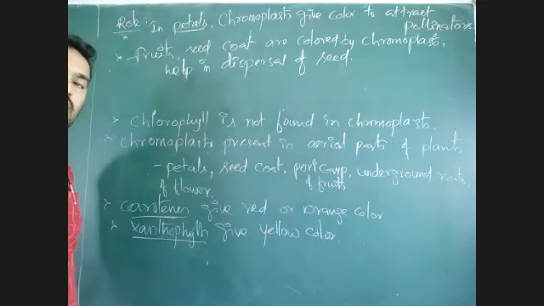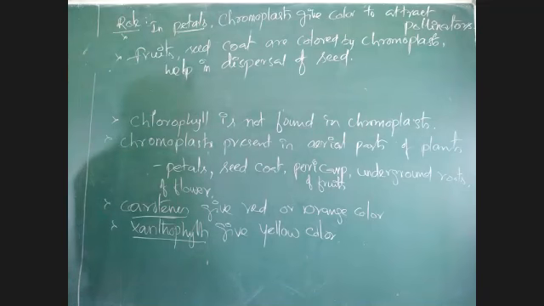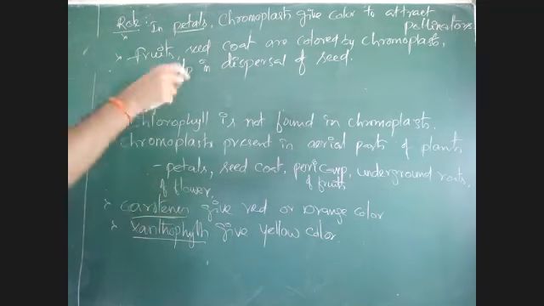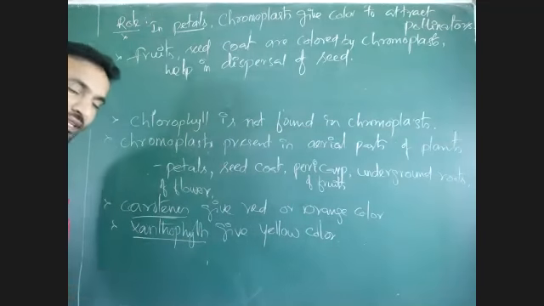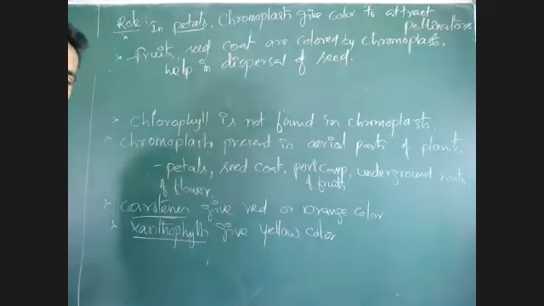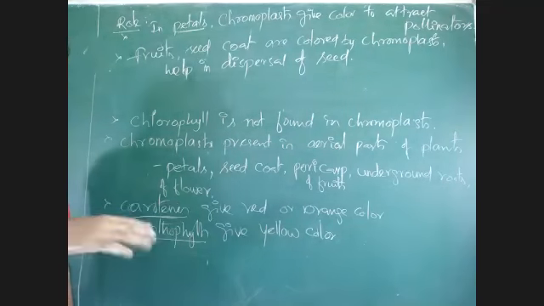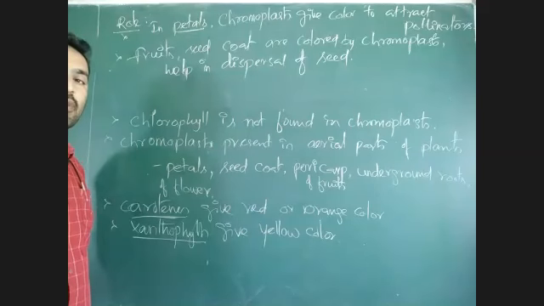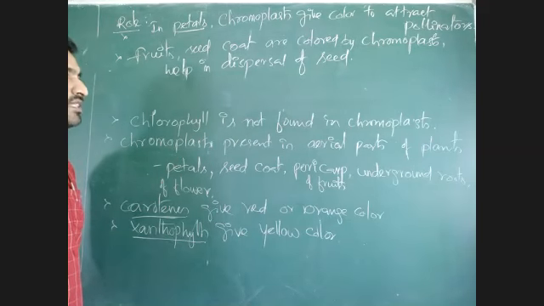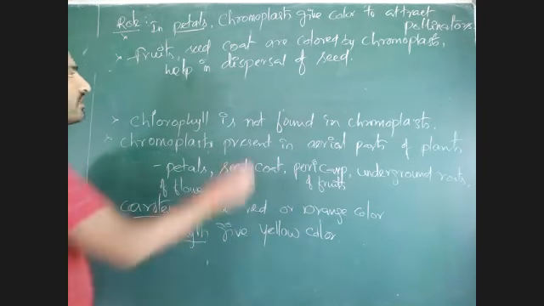Then only will that species spread to all the area. Suppose a plant here is producing seeds and fruits. If the seeds and fruits settle on the land in the same area, then there is no spreading of that plant to new areas. So for spreading the plant to new areas, there is dispersal of the seed.